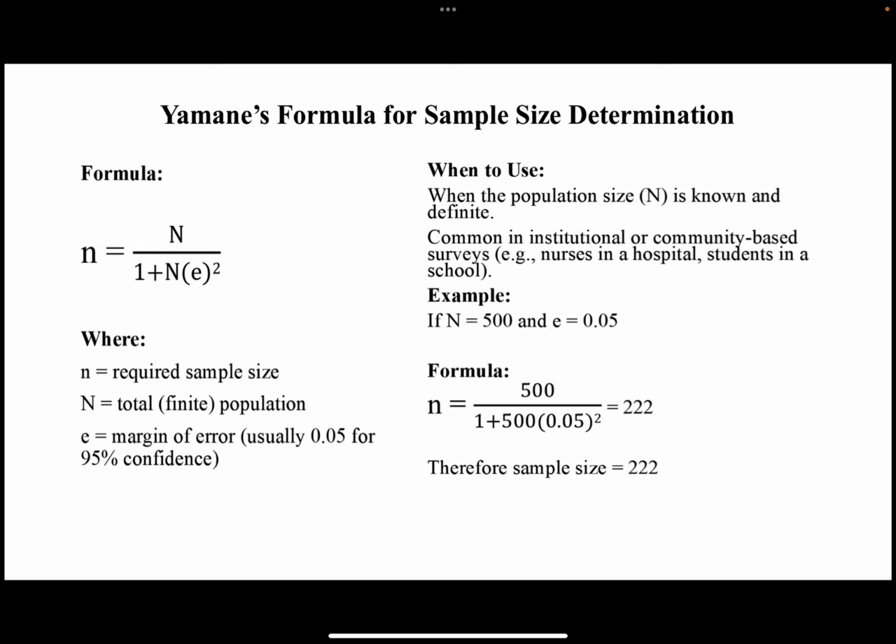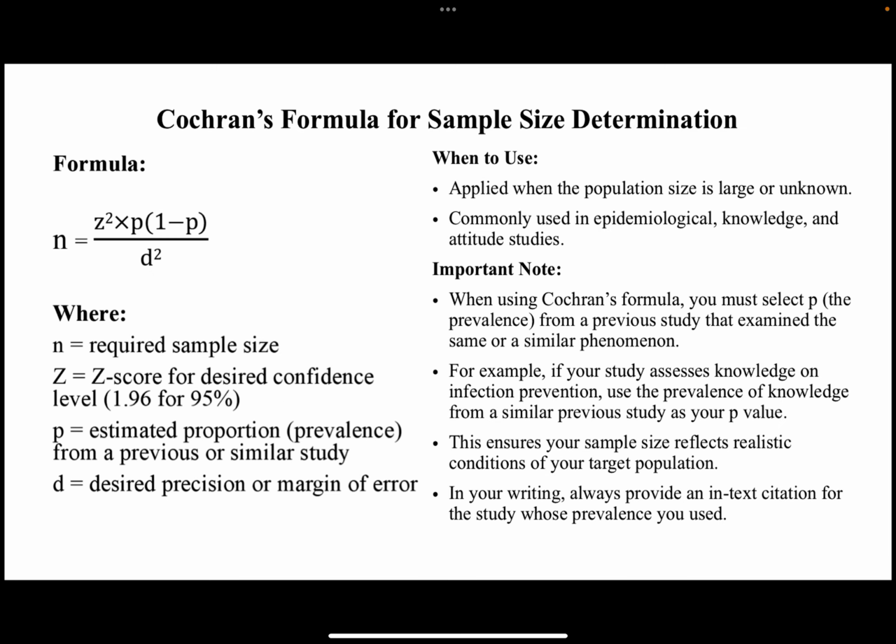So we are going to have small n is equal to 500 over 1 plus 500 times (0.05) squared. Now learn how to compute this on a scientific calculator, because most of the time, the error a lot of students or writers commit is in how to compute it. They get the final computation wrong, and at the end the sample size is going to be wrong. Therefore the sample size is 222.